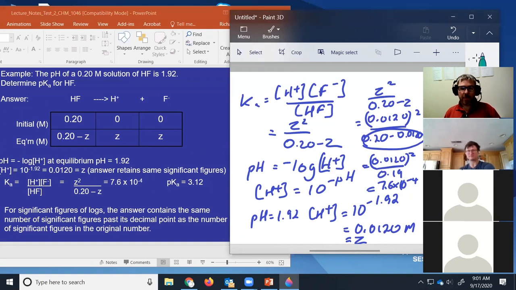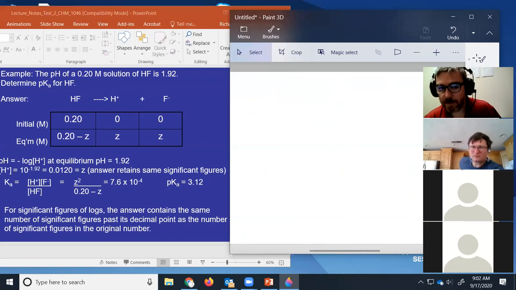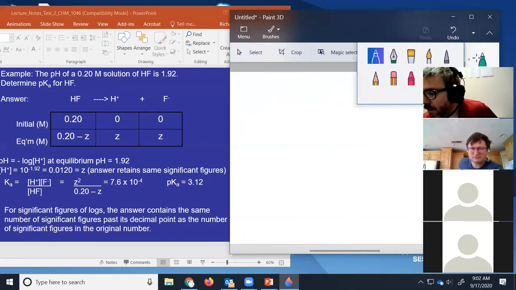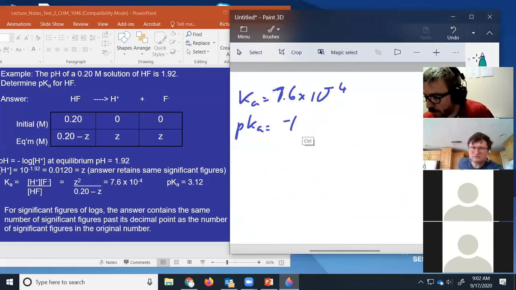The last step, getting the pKa. If we know that the Ka is 7.6 times 10 to the negative 4, the pKa is going to be the negative log of the Ka.